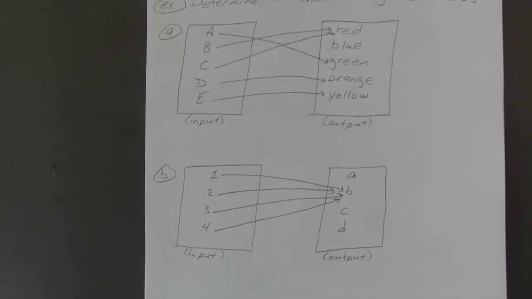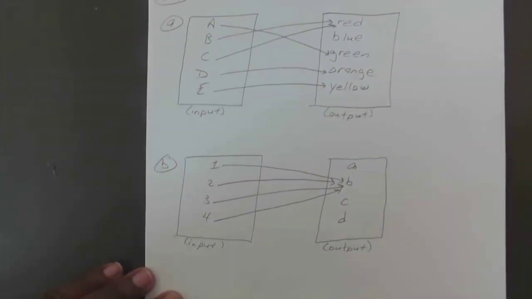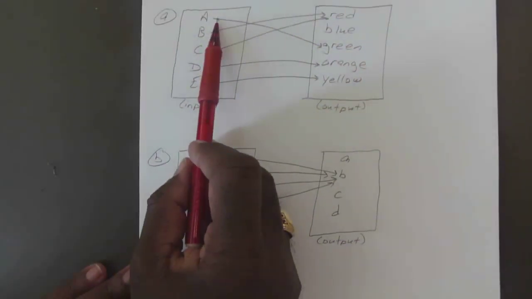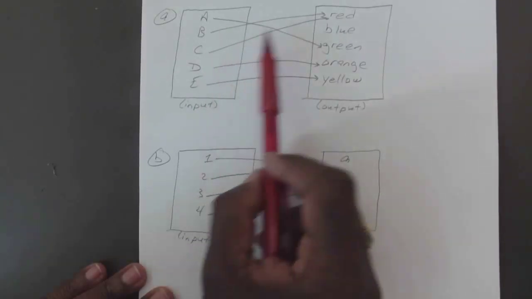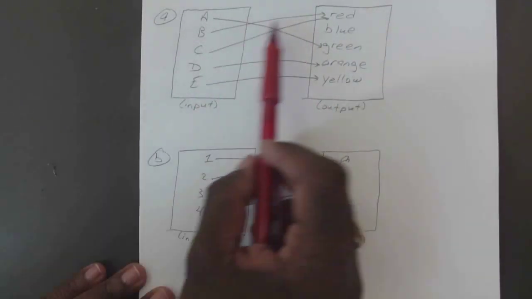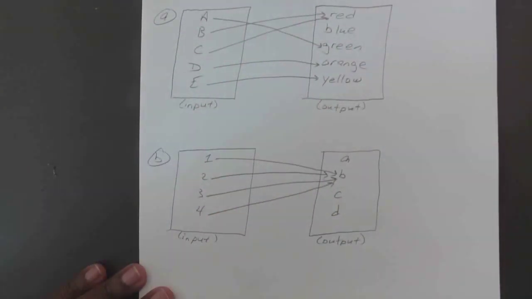Okay, so is A a function? Yep, actually it is. Because remember, your input is kind of just a fancy way to say your x values. Okay, so each x value has one arrow coming out of it. So that means each x value has only one y value.